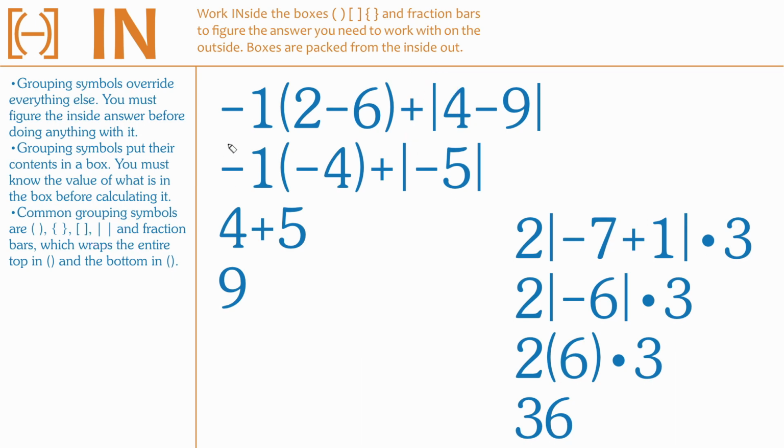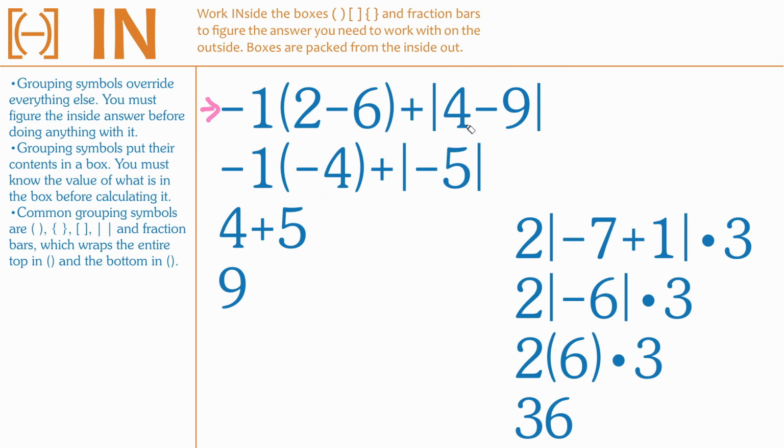Okay, let's look at this step right here. Is there anything inside boxes to be worked with? Yes, there are. So I'm working inside this box, and that comes down to the -4 here. I'm working inside this box, and 4 minus 9 comes down to -5.